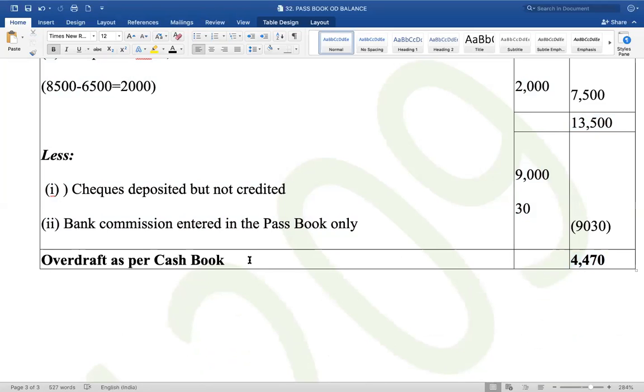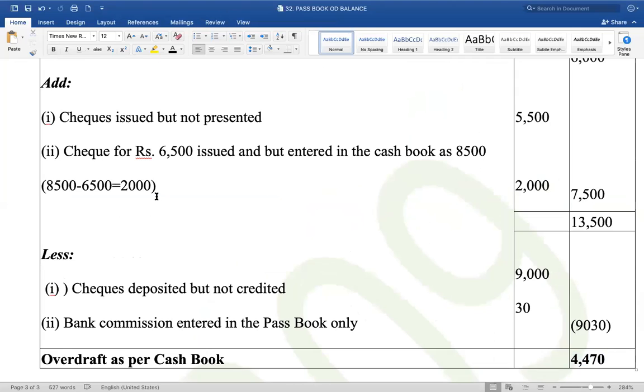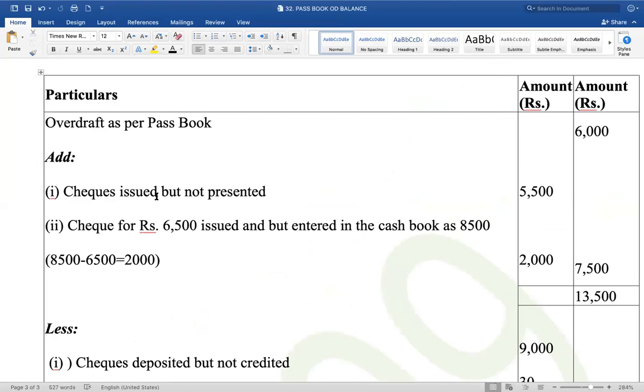Sir, how are we adding the 2,000 rupees to the passbook? I didn't understand the logic behind it. When you issued the check, you issued it for 6,500, but you have written it as 8,500.